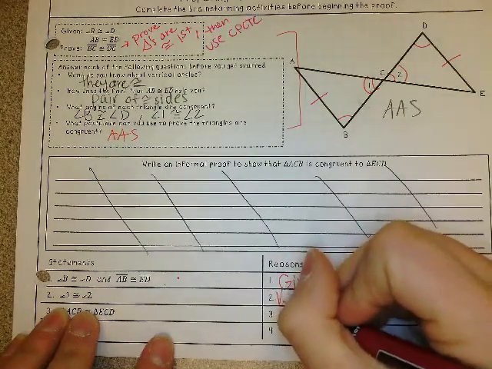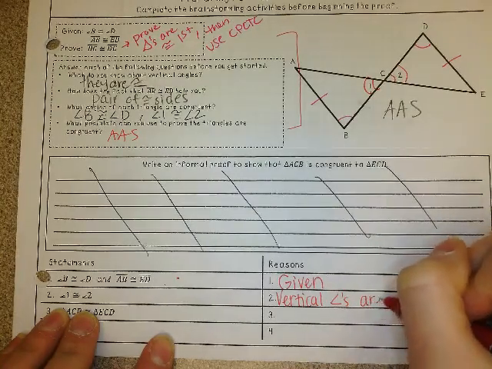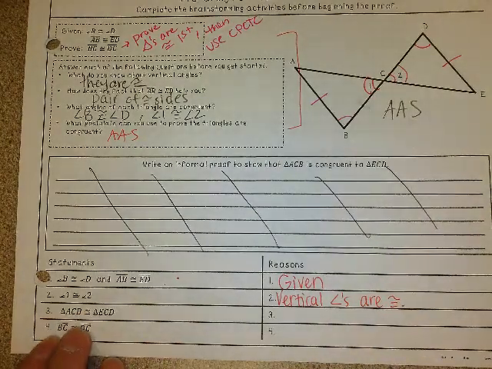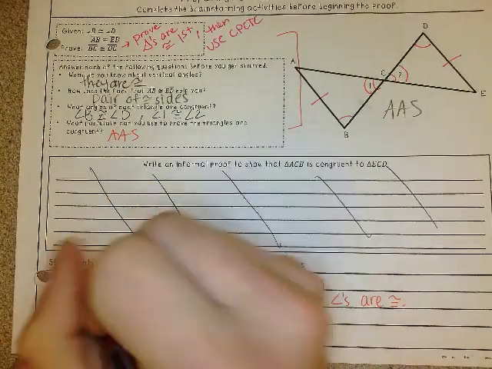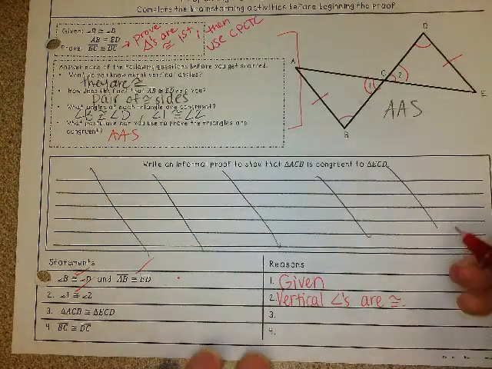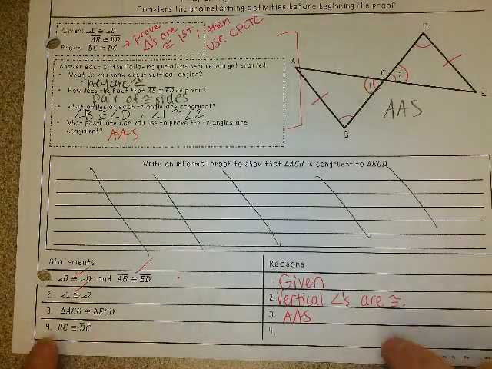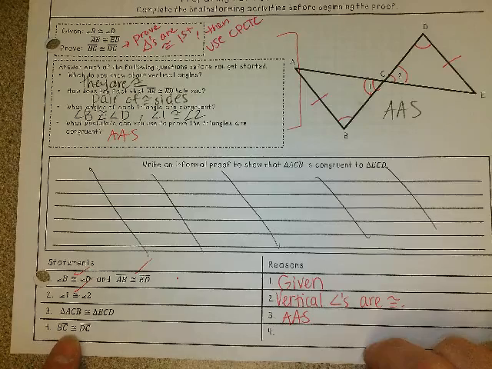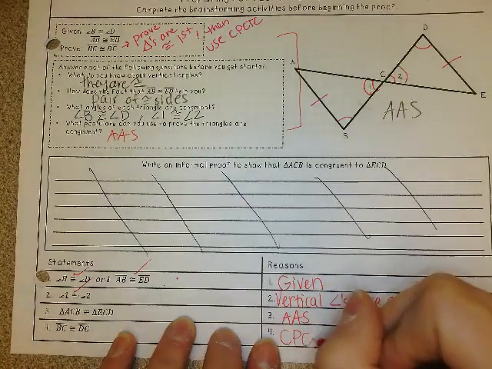Vertical angles are congruent. So we've got 1, 2, 3 congruent parts, so I can say these two triangles are congruent. Since they're congruent, all their corresponding parts are congruent, so that means BC is congruent to CD by CPCTC.